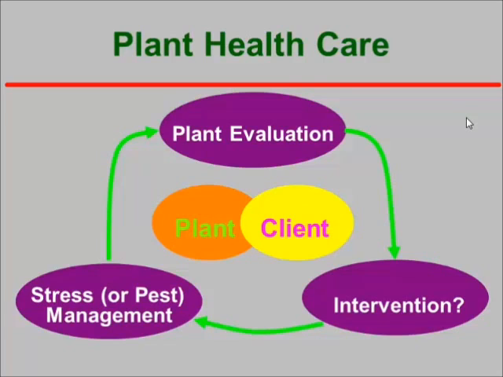The thing that I found a little disconcerting about IPM is that there was all this emphasis on monitoring the insects, monitoring the pests, and determining whether I needed to control them or not. What got lost was the plant.